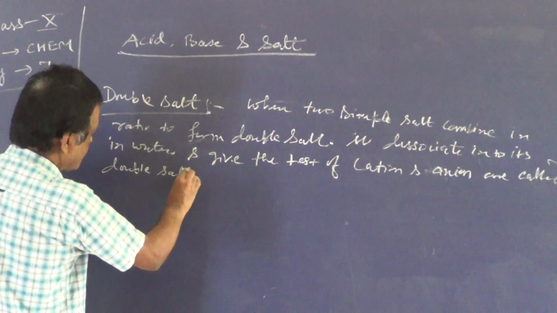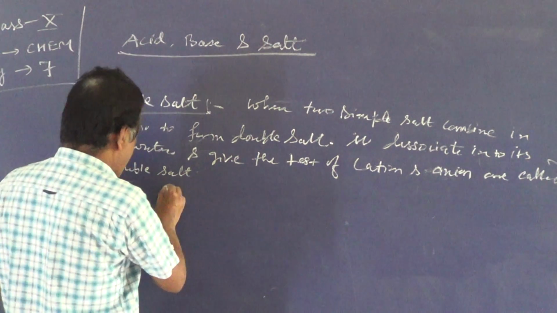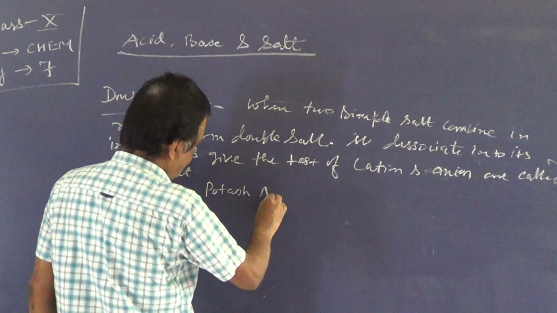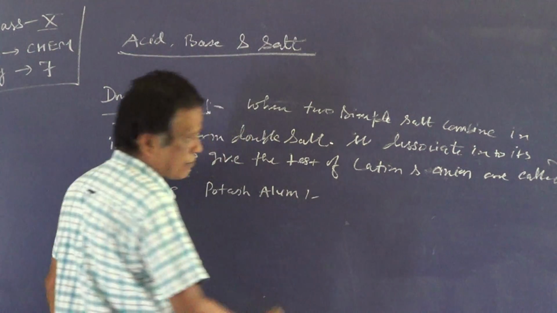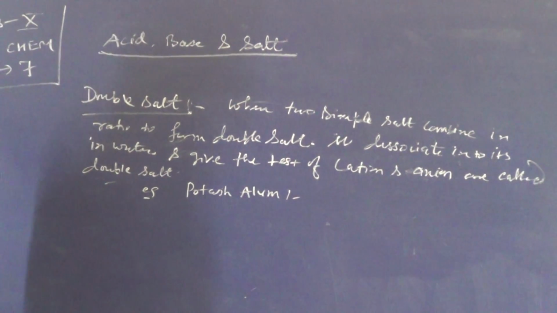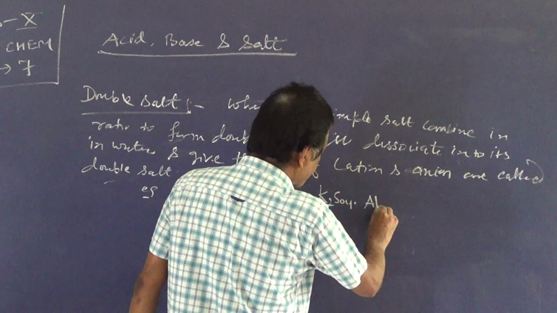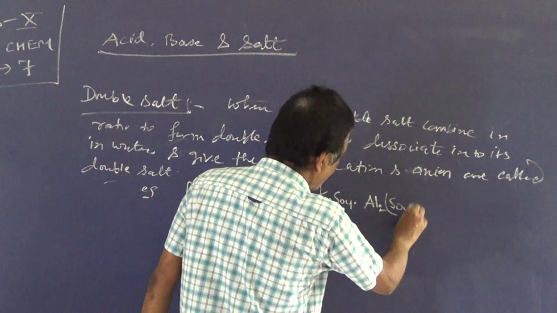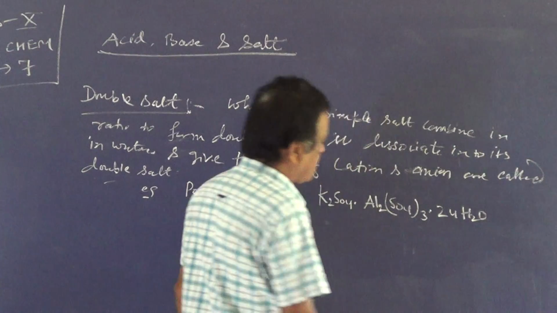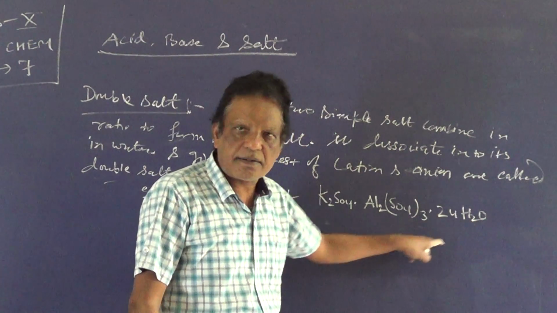Examples of double salt: potash alum. Do you know potash alum? फिटकिरी का नाम आपने सुना होगा. It is also called potash alum. What is the chemical formula of potash alum? K2SO4.Al2(SO4)3.24H2O, where 24H2O is water of crystallization.